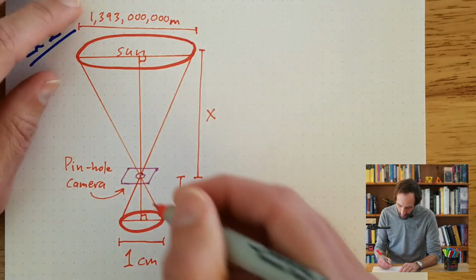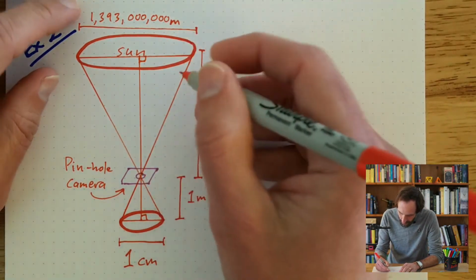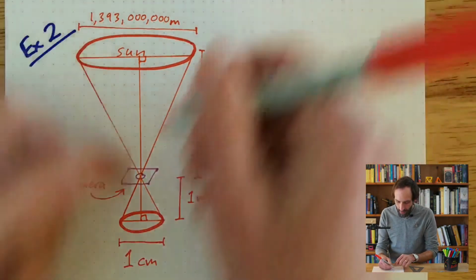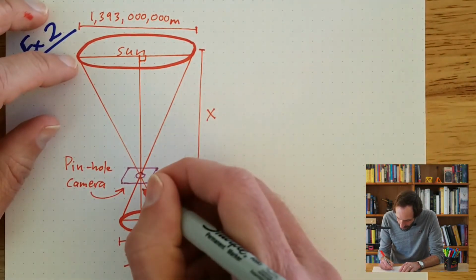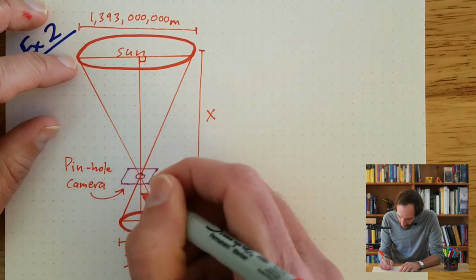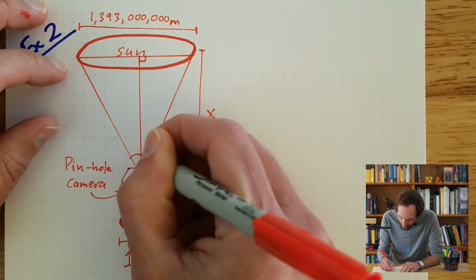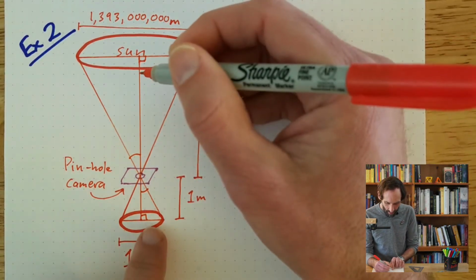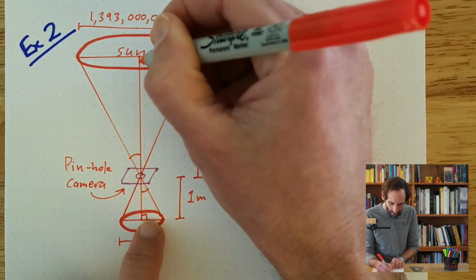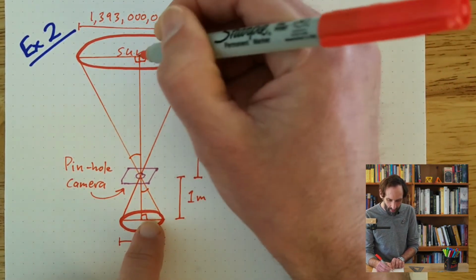Okay, so we're going to say that since the light goes through here, straight lines, that this overall angle equals this overall angle. So that means this angle here is equal to this angle here. Now, these are both right angles, right? The right angle on this side is the right angle on this side.